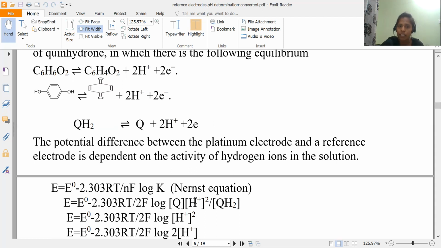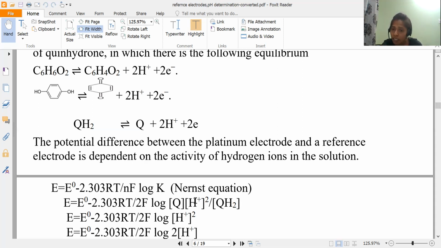But we know how we prepare the quinhydrone electrode. The quinhydrone electrode is prepared using quinone and hydroquinone, and these two are equimolar. Equimolar is nothing but equal concentration. Molar expresses the concentration here; molarity we are using. Equimolar means equal molarity, equal concentration.